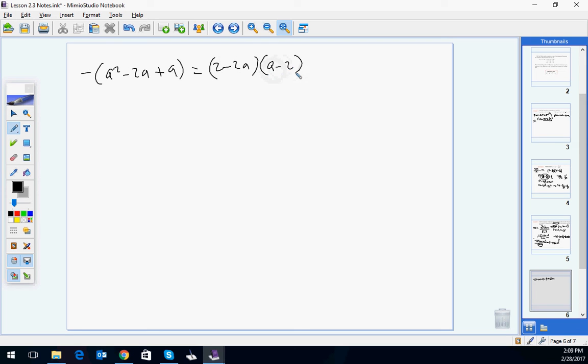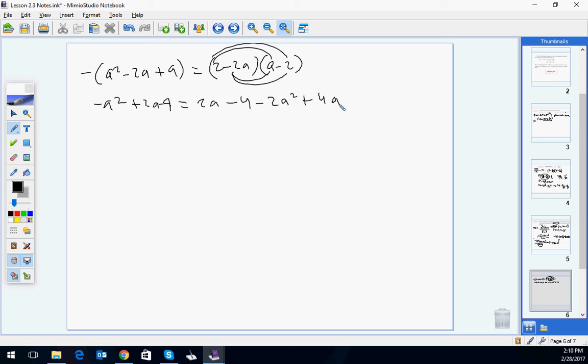And now I'm going to FOIL that right side out. I'm going to go ahead and put this in here so I can combine like terms. So let's just switch that back. Sorry for the waste of time there. Okay, 2a minus 4 minus 2a squared plus 4a.